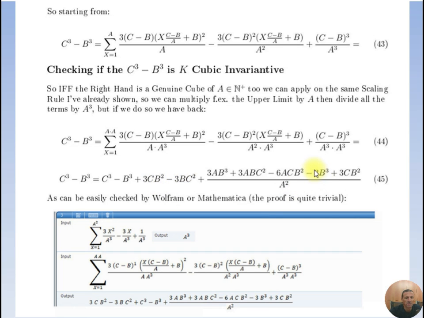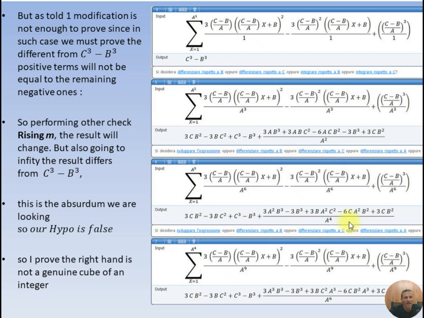I have a smarter way to prove this, because I can now simply do this. I simply raise m; you remember, we can multiply here by a to the m and divide here by a to the 3m, and so this is the first result we got before.